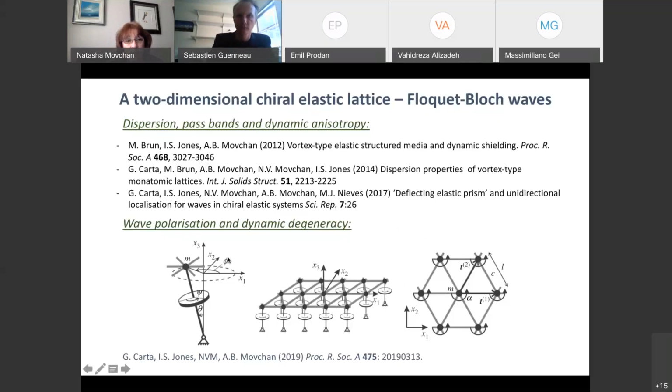That implies that the angle theta, the angle of nutation, should be small, so that all the displacements are in the same plane. We will assume that the axis of each gyroscope, which is pinned at the bottom, as you can see, and is free to rotate at the lattice junction, is perpendicular to the x1, x2 plane in the antipolar configuration.